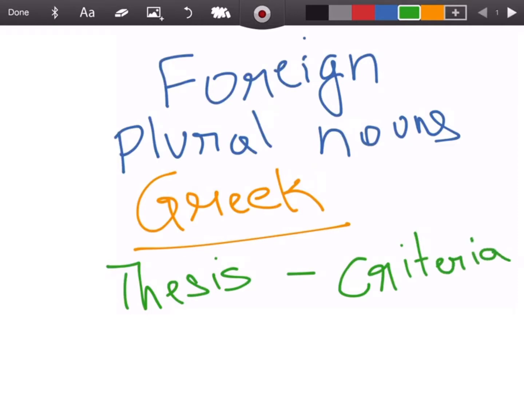These two words, I'm just giving an example, come from Greek and were borrowed into English. So now you know what foreign plural nouns are.